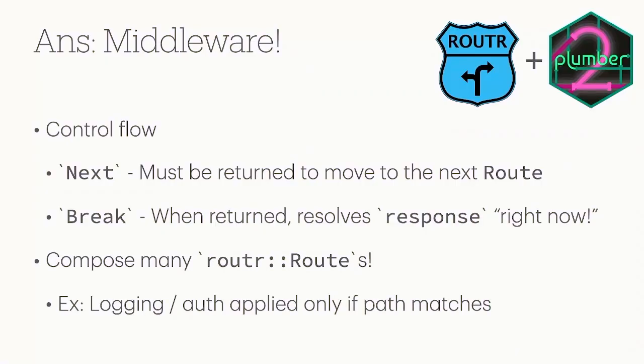And this is really interesting because before, with Plumber filters, it kind of felt like everyone had to do the pre-processing with those filters. But now with routes, they actually pre-filter according to the URL first, and then you can do your processing.